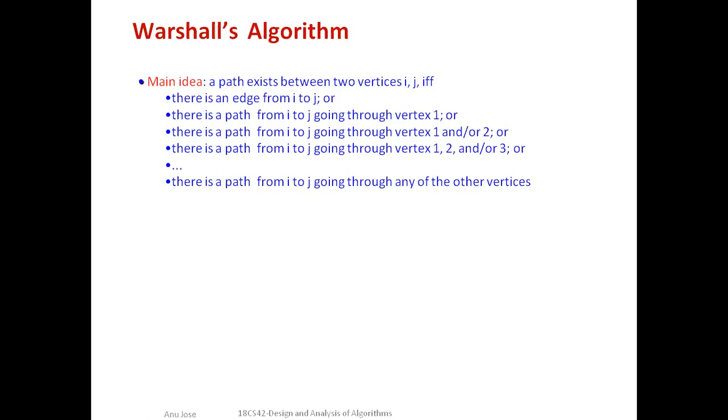So each time we are adding one intermediate vertex and checking whether there is a path existing between those two vertices.